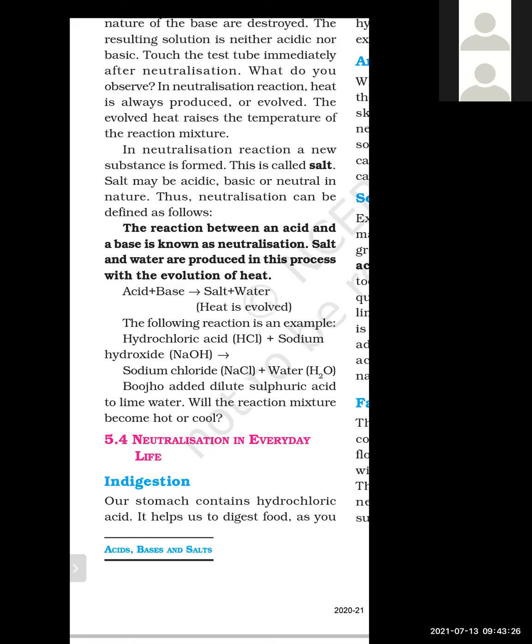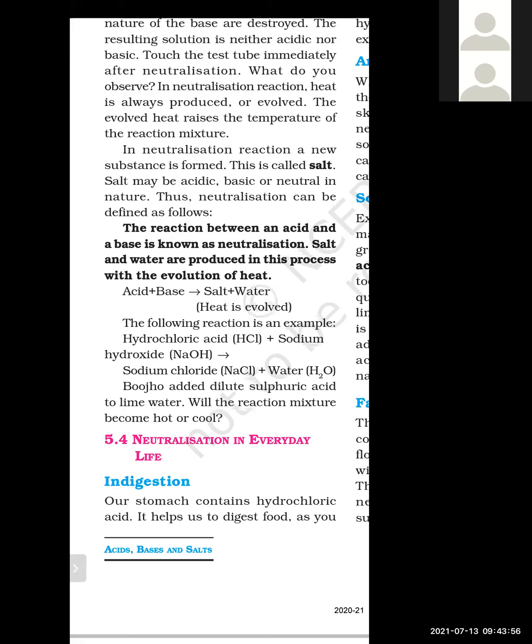So how does this happen? This is a case of neutralization. What happened? When we feel some pain or acidity in our stomach, basically some acid is produced inside our stomach and the level of that acid increases. When the level of that acid increases, we feel acidity. So to neutralize that acid, we use some basic substance.